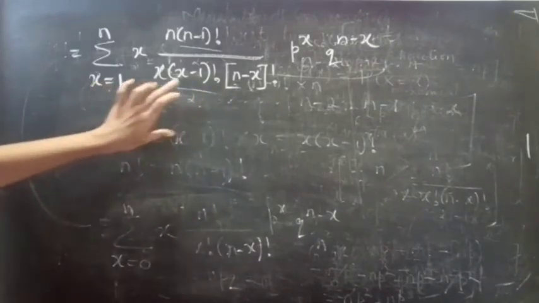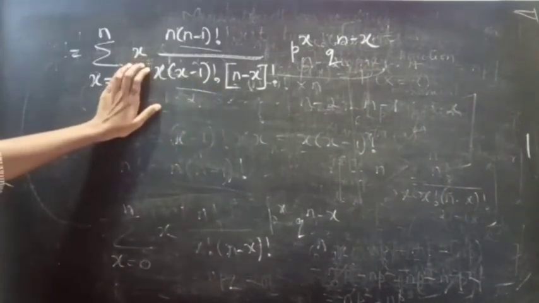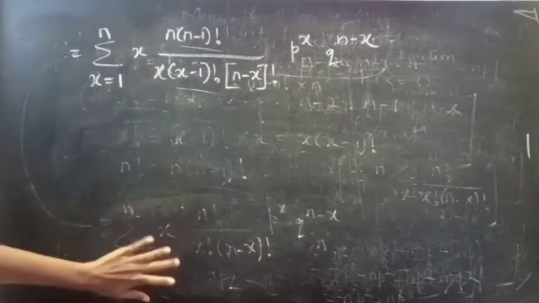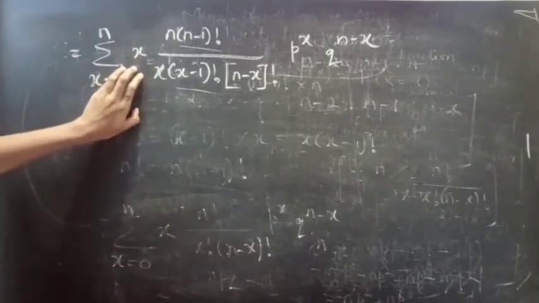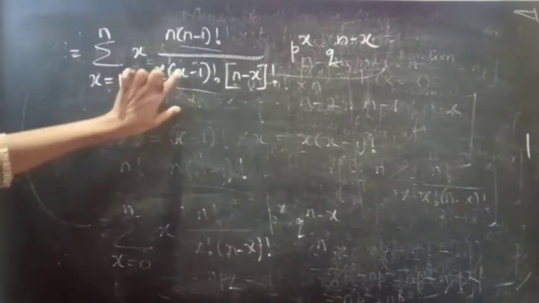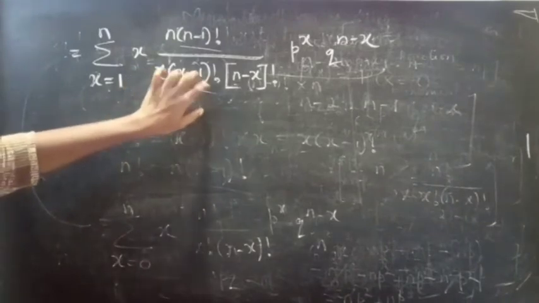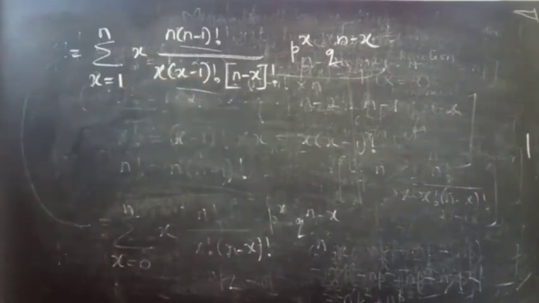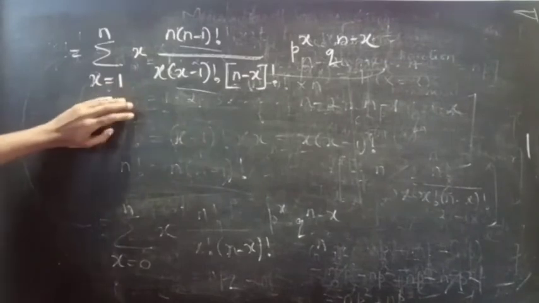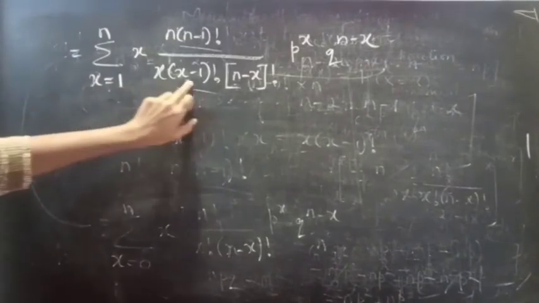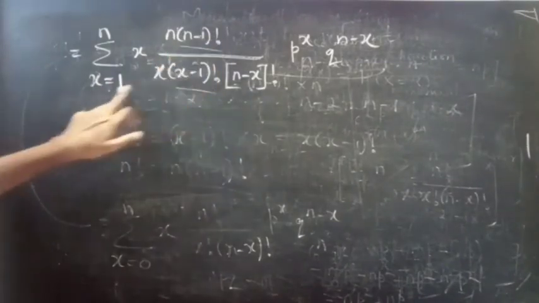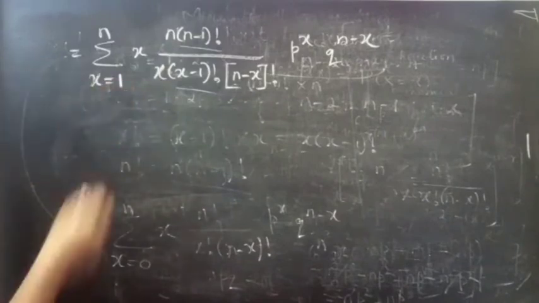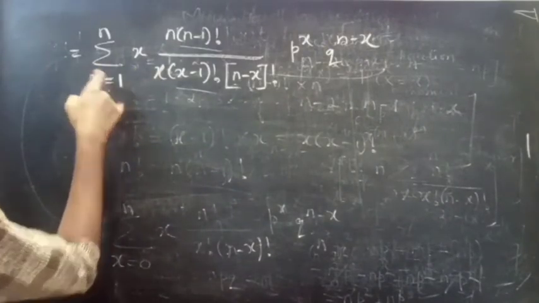In the previous step, you had taken x equals 0 to n, right? If x is equal to 0, then you'll get minus 1 factorial. So we should not consider x equals 0. Since you're having x minus 1 and n minus 1 factorial, you'll consider 1, that is x equals 1 to n.